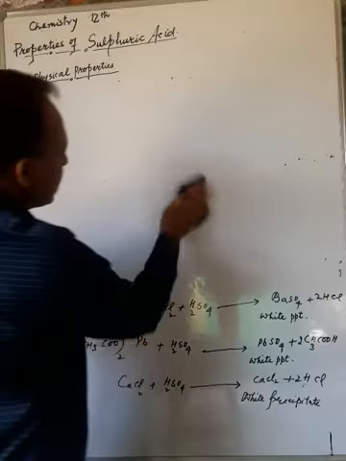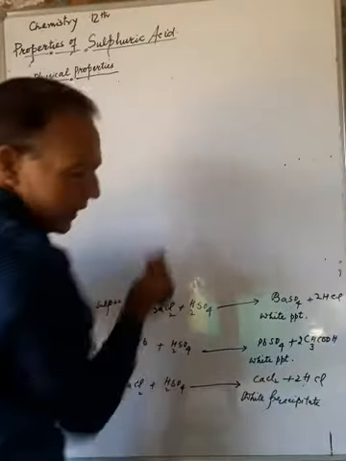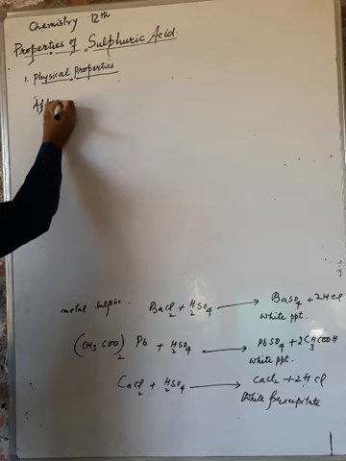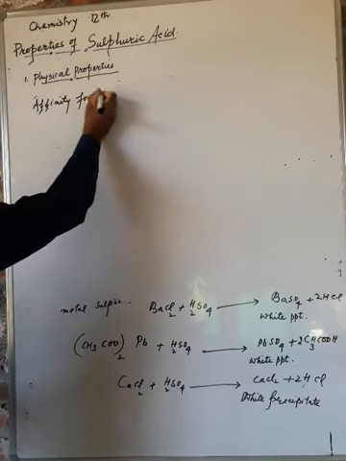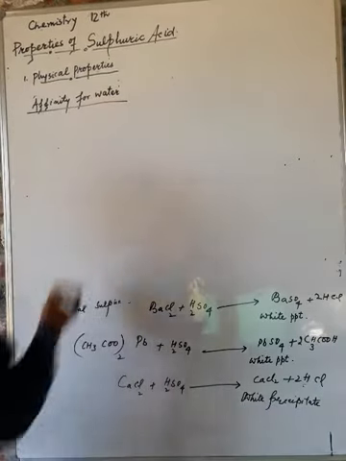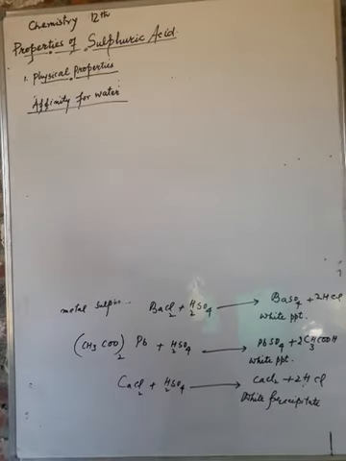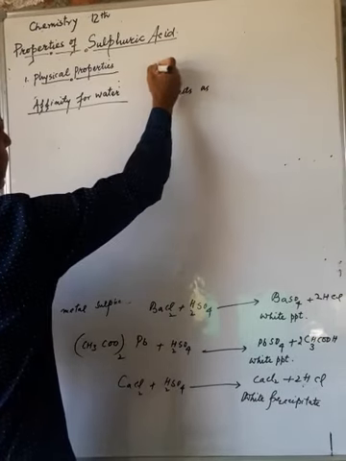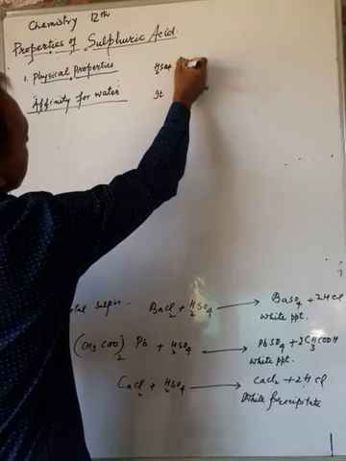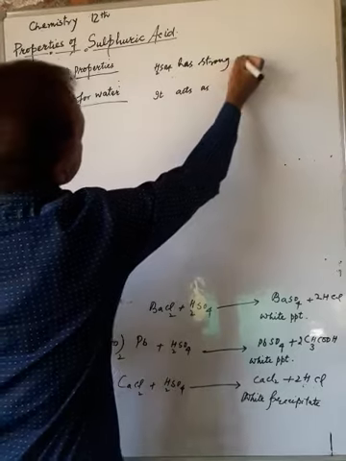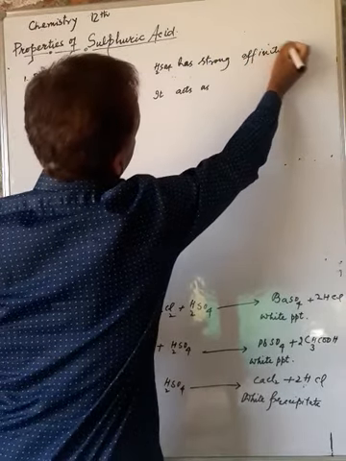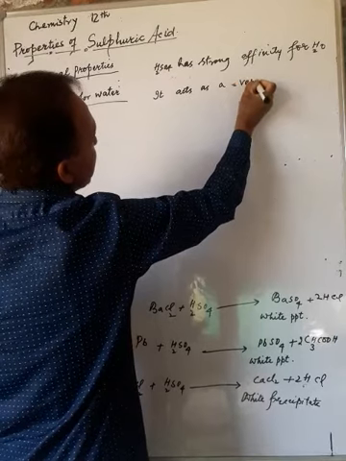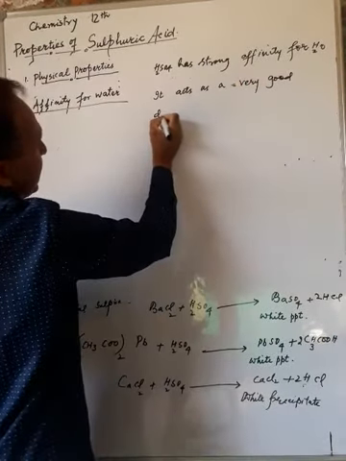Sulfuric acid has a very strong affinity for water, therefore it acts as a very good dehydrating agent.